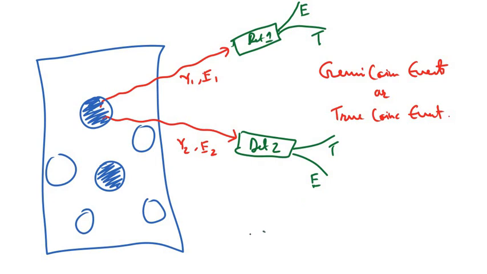After the preamplifier we have an amplifier, then a discriminator, say a single channel analyzer or a multi-channel analyzer, and then a counter, scaler or timer. This is more or less the energy spectroscopic channel.